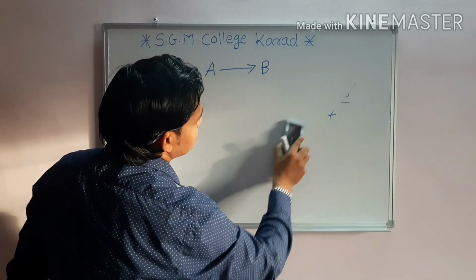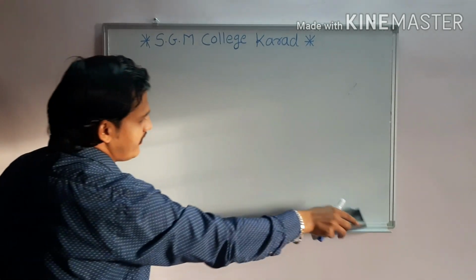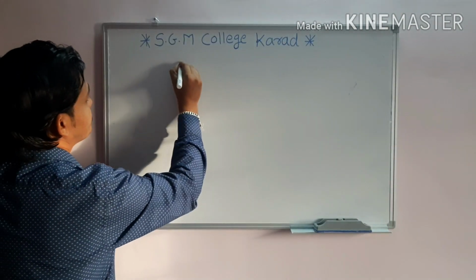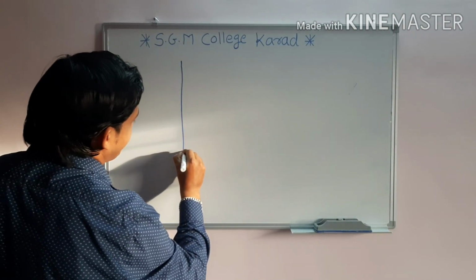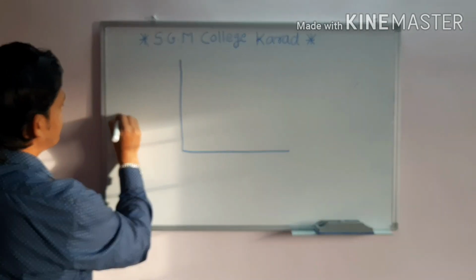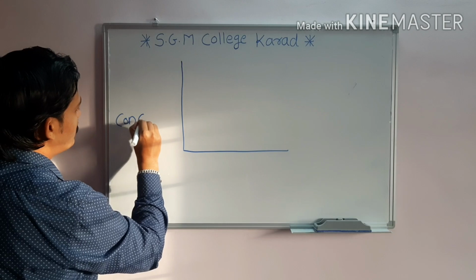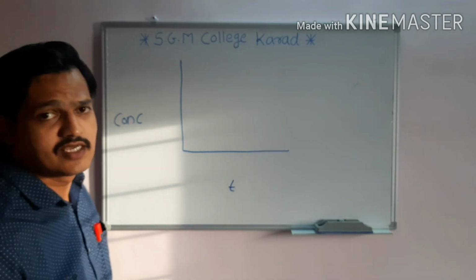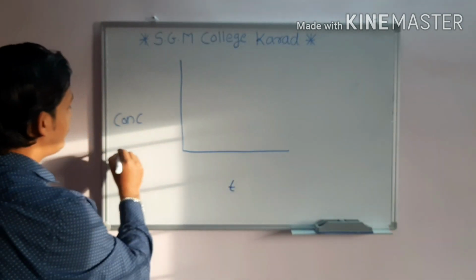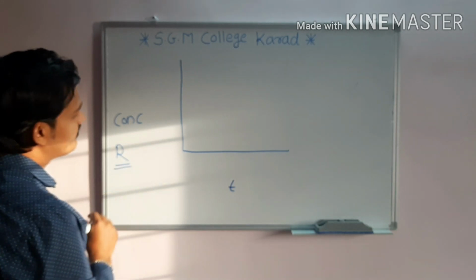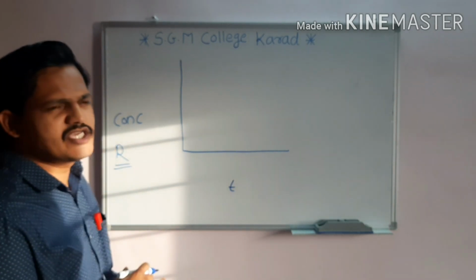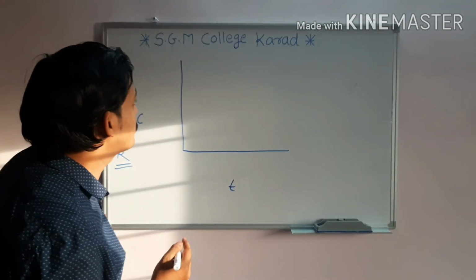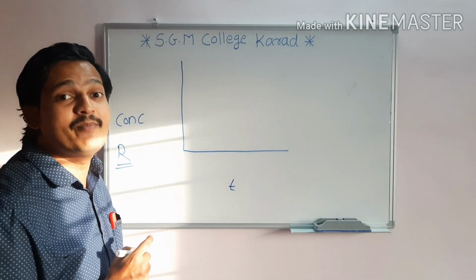Now let us plot a graph, the graph of concentration versus time. This is the graph for reactant. As I said earlier, the concentration of reactant decreases, so my graph is always in a decreasing manner.